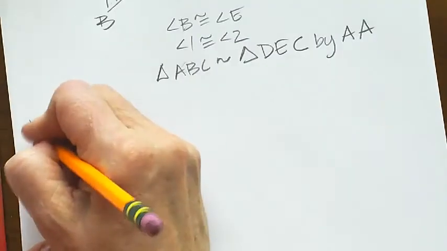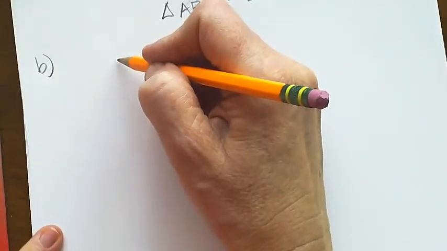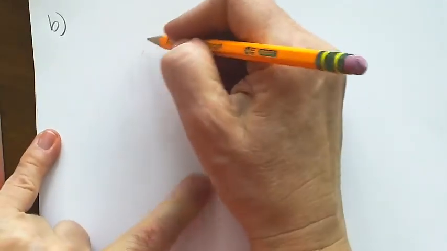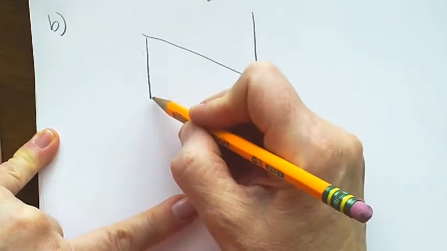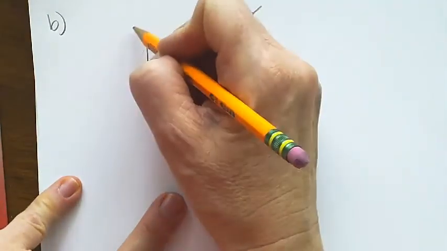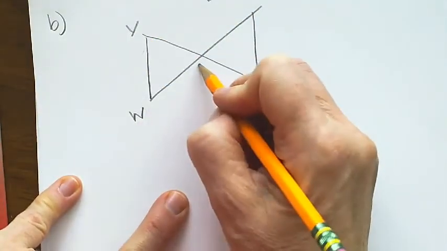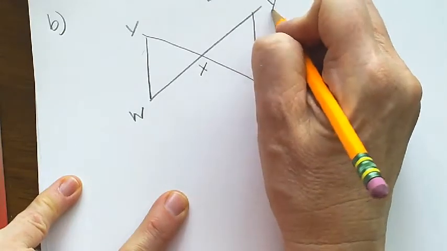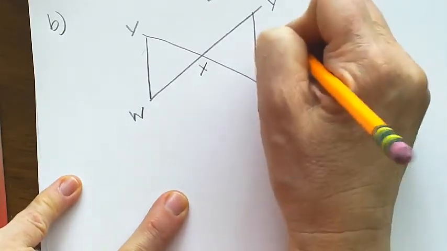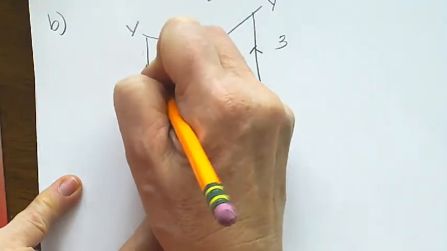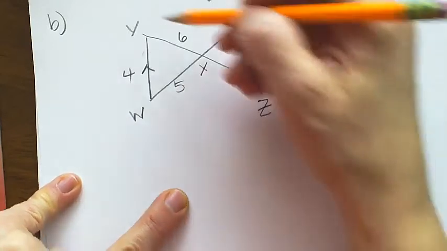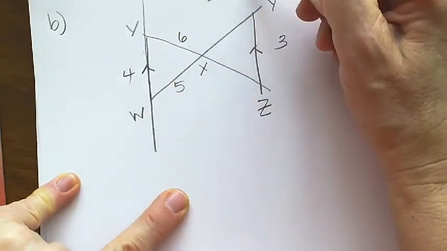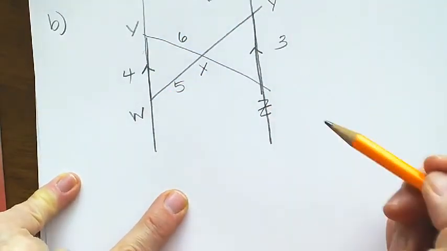Okay, part B, we have some parallel lines in part B. So let me give myself a little space. If these two lines are parallel, we've seen this many, many times.